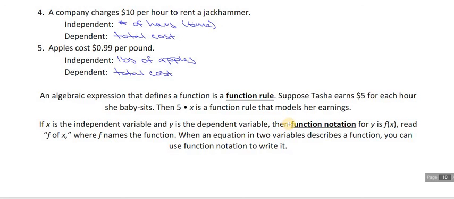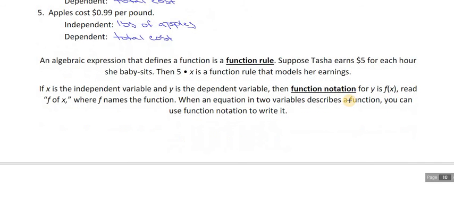And then because in function notation we use f of x instead of y, we would write this function as f of x equals 5x, where x represents the number of hours, because it's $5 per hour.